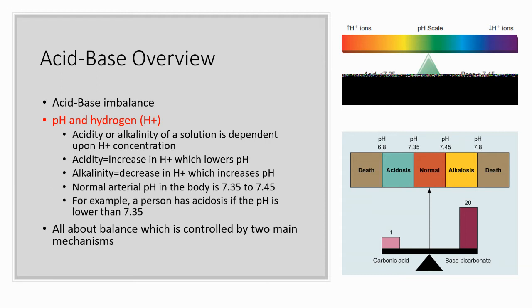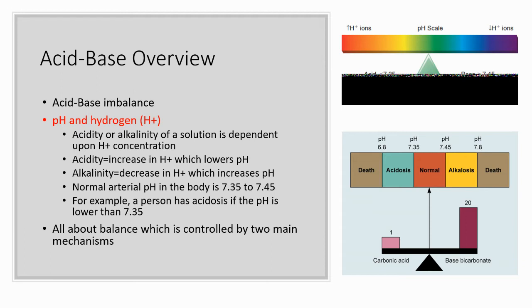The acidity or alkalinity of a solution depends on its hydrogen ion concentration, or H+. An increase in hydrogen concentration leads to acidity, and a decrease leads to alkalinity. Hydrogen concentration is usually expressed as pH rather than in milliequivalents.